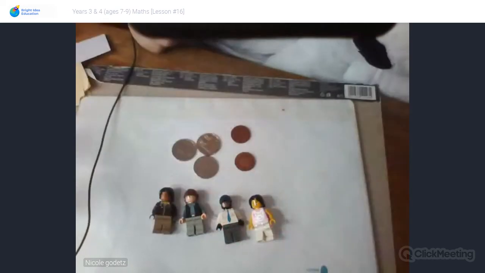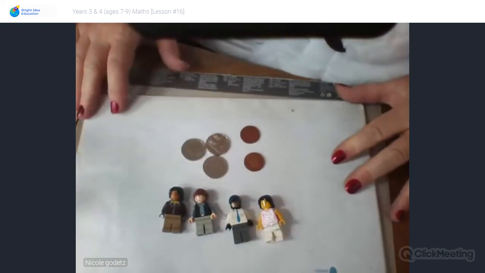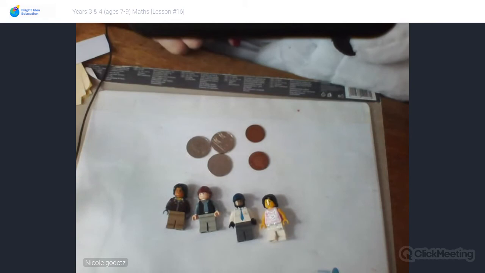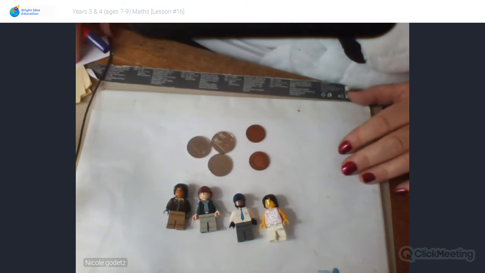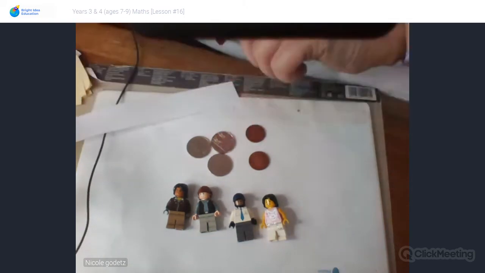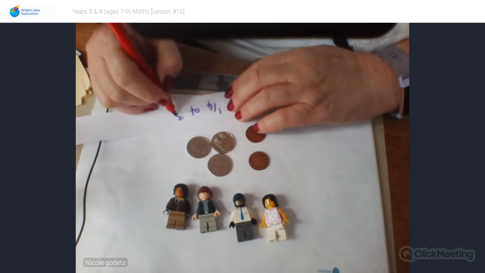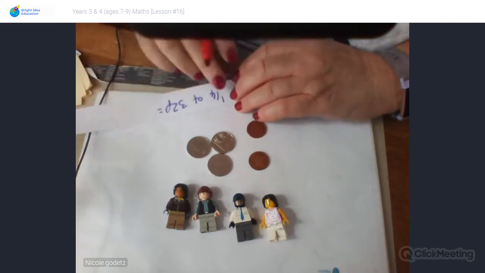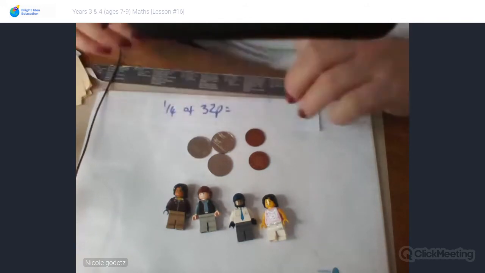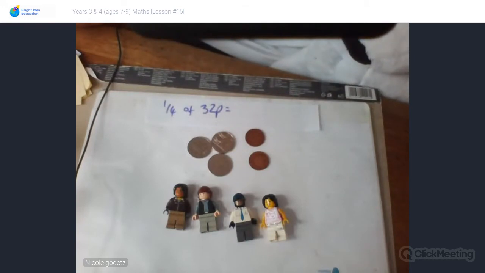So what's 1/4 of 32? What's 1/4 of 32 pence? What's 1/4 of 32? 4 whats of 32.